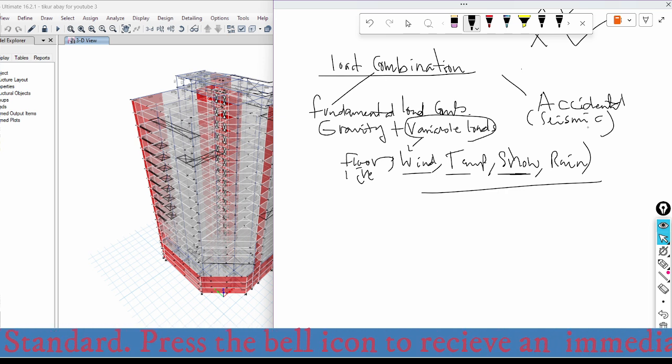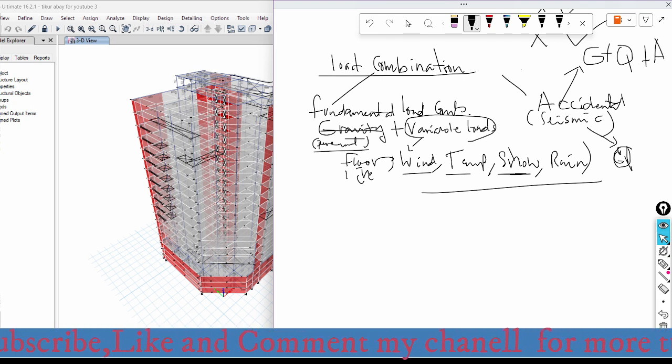And in the case of seismic combination, it is not the gravity load, rather it is the permanent load. In this case, it is the permanent load plus the earthquake load, that is AEd.